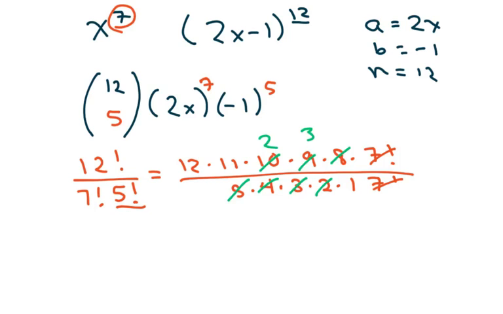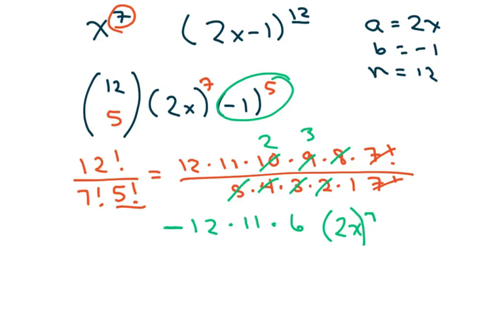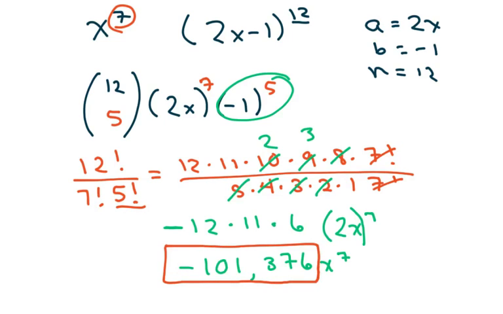So basically we have 12 times 11 times 6. And then we have this equals negative 1. So I'm going to just put the negative out here. And then we have 2x to the 7th. And that's going to give you negative 101,376 x to the 7th. So my coefficient is negative 101,376.